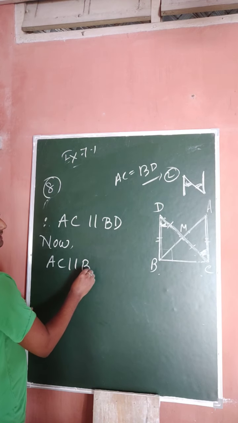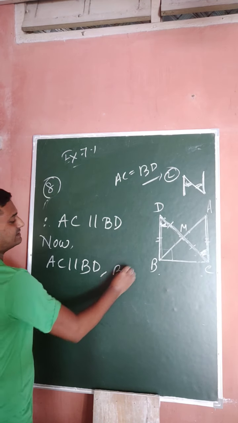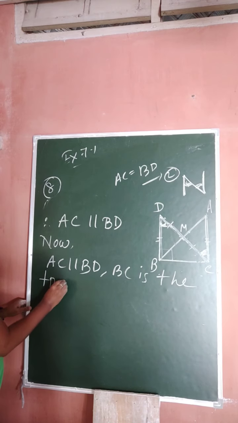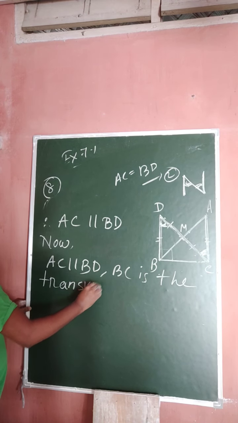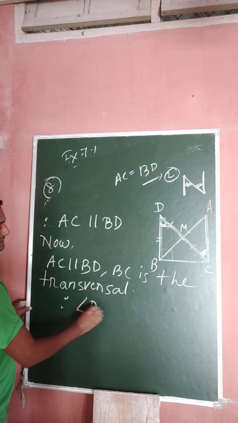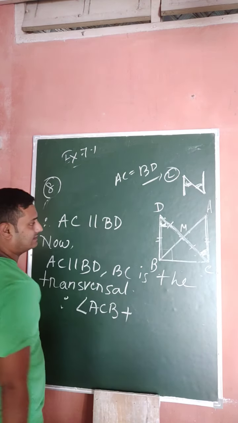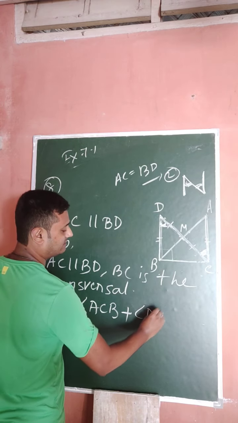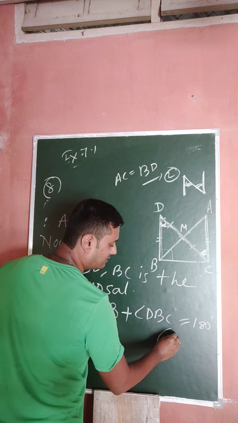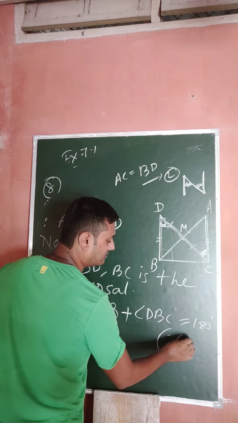So AC parallel BD, BC is the transversal. Therefore angle ACB plus angle DBC equals 180 degrees. Within brackets you just write co-interior angle.